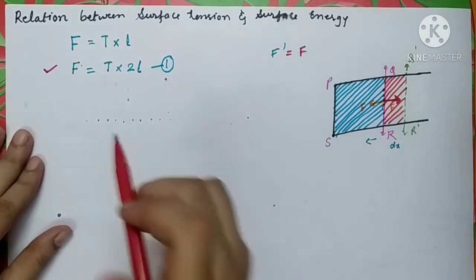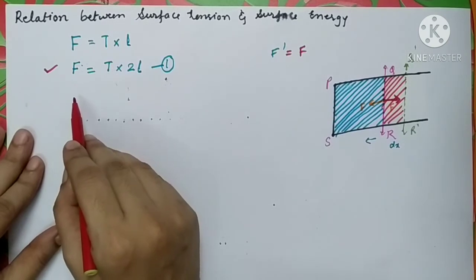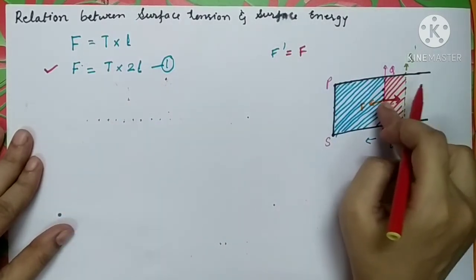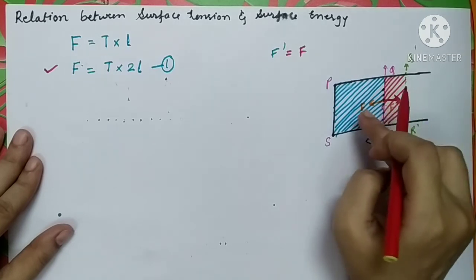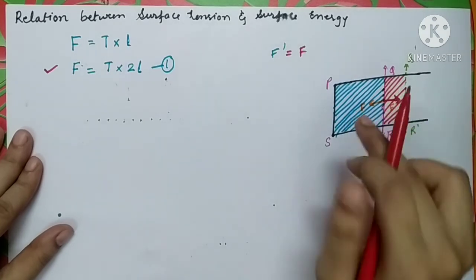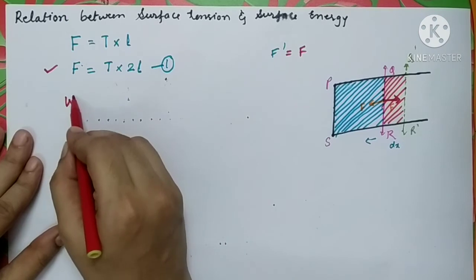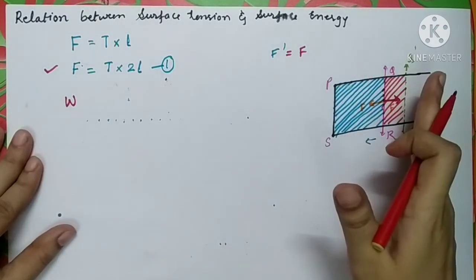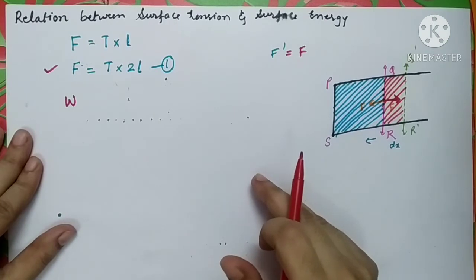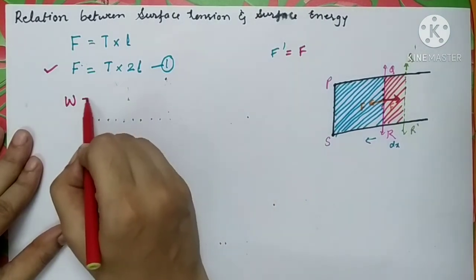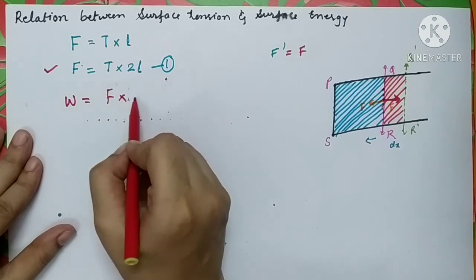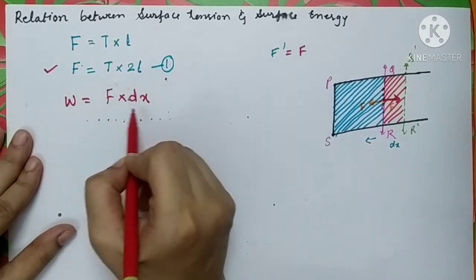Obviously, in order to move the wire QR, we will have to perform work against the inward pull. So W is the work done on the wire QR in order to increase the surface area of the soap film. W is nothing but F into dx, force into displacement.